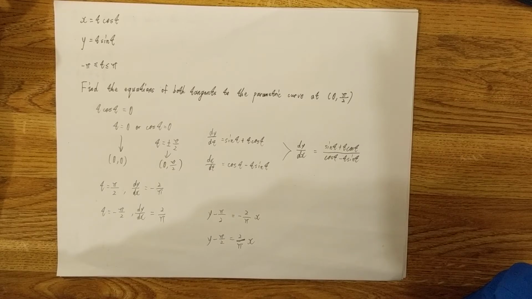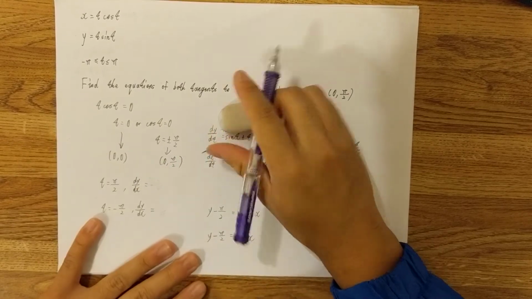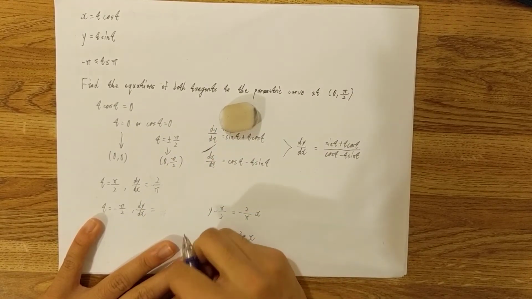Sorry, I wrote the opposite. It should be, this is 2 over pi, and this should be negative 2 over pi.